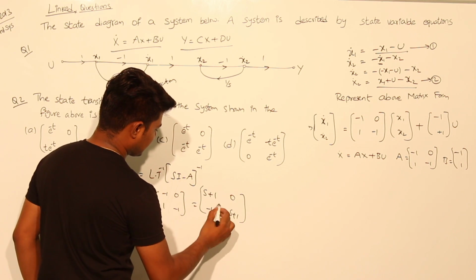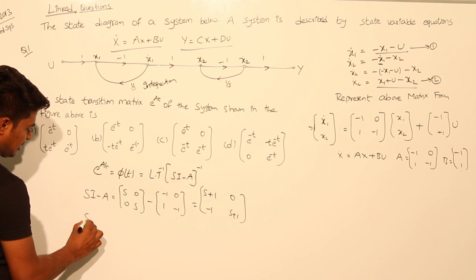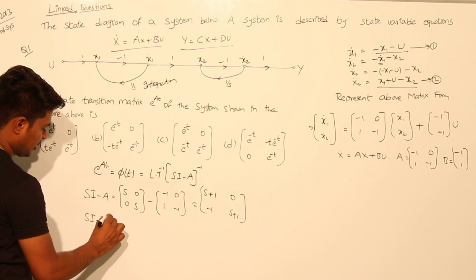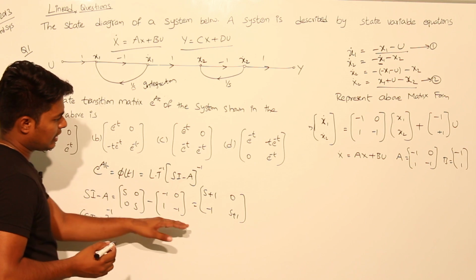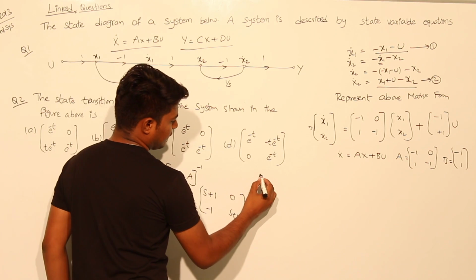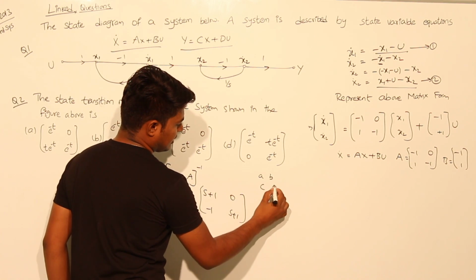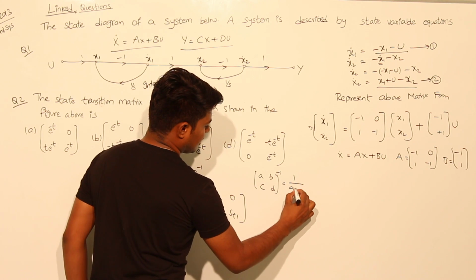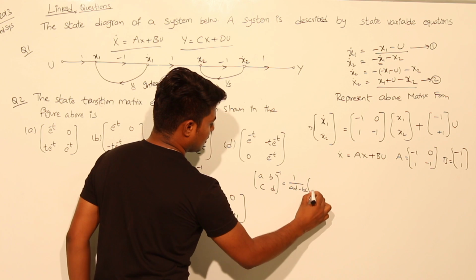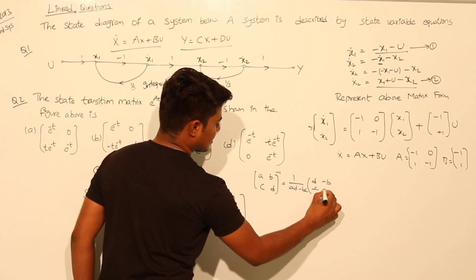Now you find the inverse of this 2 by 2 matrix, (sI minus A) whole inverse. You know that for a 2 by 2 matrix [a b; c d], the inverse will be 1 by (ad minus bc) times [d -b; -c a].